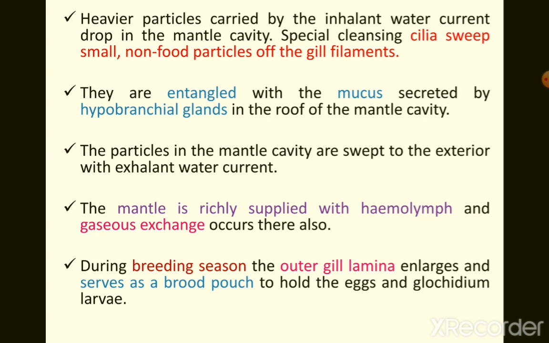Now the lateral cilia pass this water current inside, and through the ostia it enters the water tubes of the gill plates, and from the water tubes it goes through the suprabranchial chambers, and then it passes out through the exhalent siphon, right?